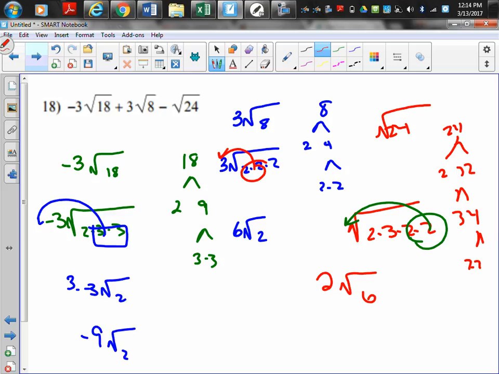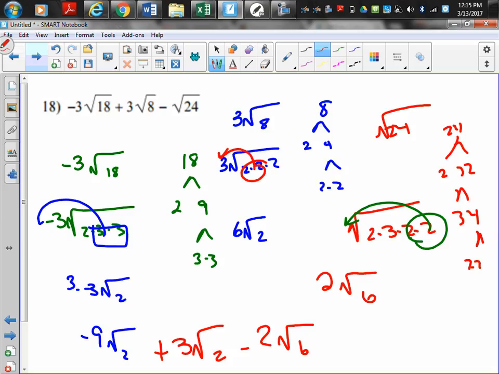Now, what can I put together? Negative 9 square root of 2 and the 6 square root of 2. Hold on, how did you get 6? It's 2 times 3 times 2 times 2, which is 24. 2 times 12, 12 is 3 times 4, 4 is 2 times 2.